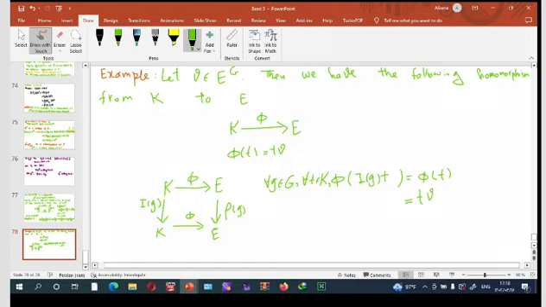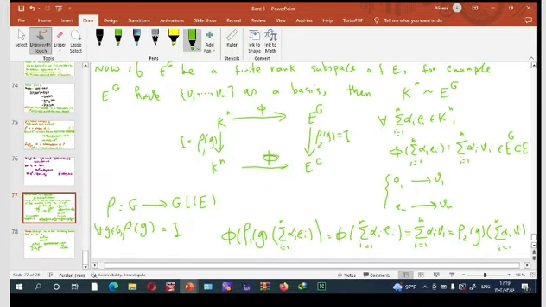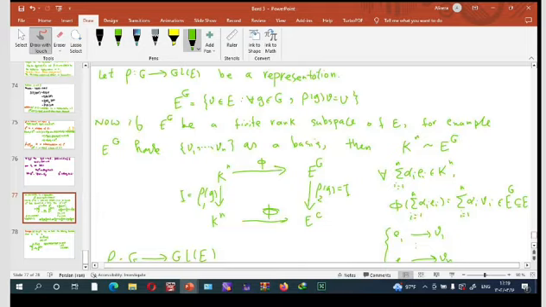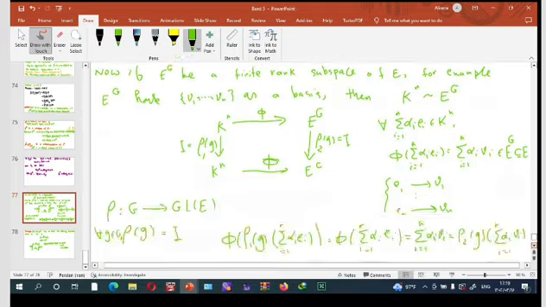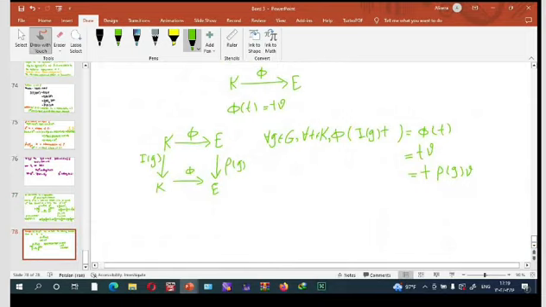What we can write this tv equal to t of rho of g of v, because we know that v is an element of E^G, okay, so that for any g in G, rho of g of v equal to v, and this is equal to rho of g of tv.